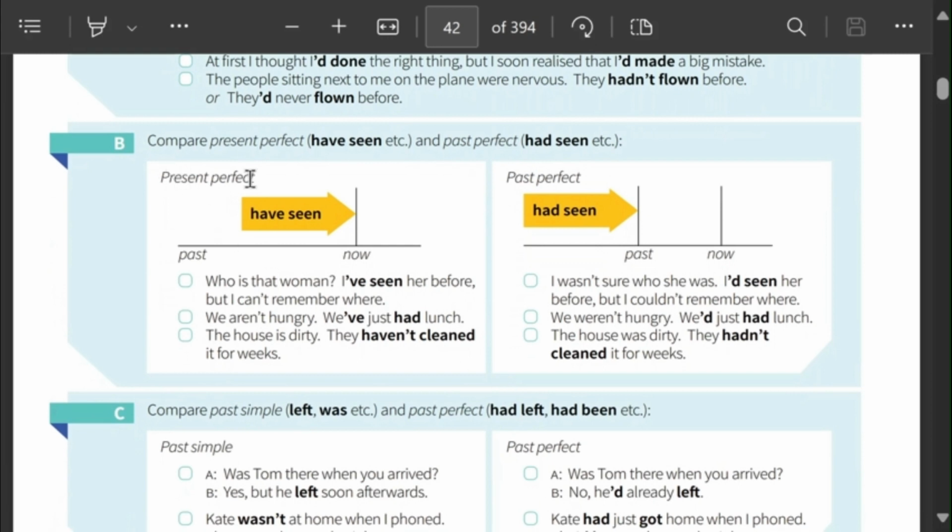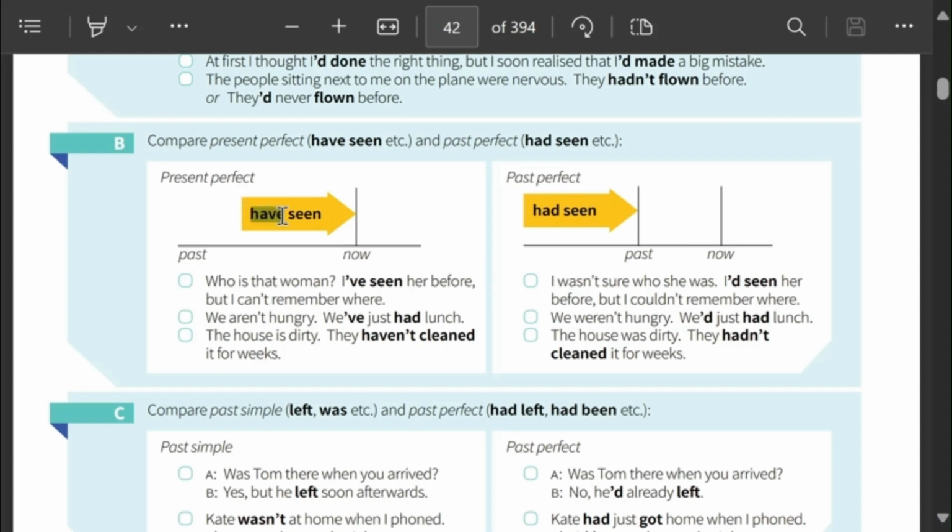When you have present perfect, you see, present perfect, have seen. It's something that happened before now. You see, before now. This is why they call it perfect. Okay? And past perfect, something that happened before the past. You see? Okay?